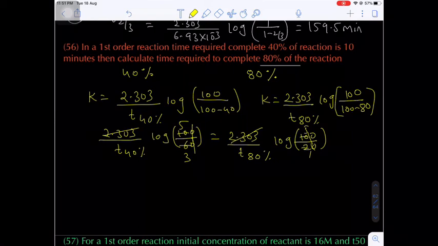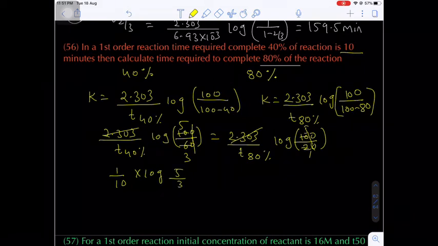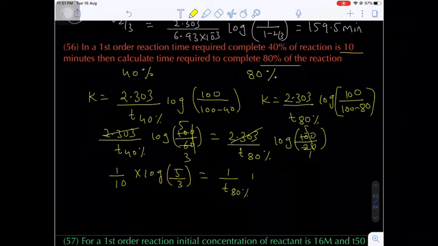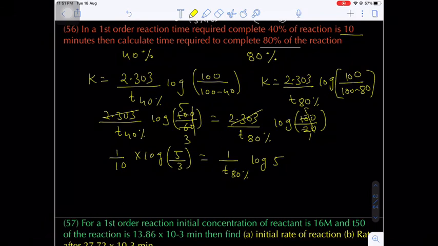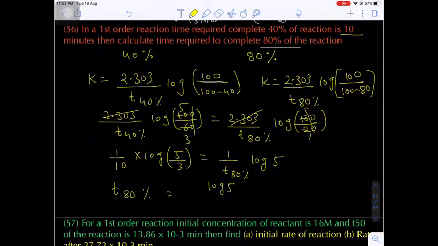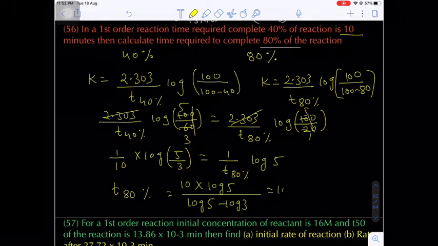Okay, so here what will be the T40? That is given as 10 minutes. So 1 by 10 minutes into log of 5 by 3 will be equal to 1 by T 80% into log of 5. We know log of A by B is log A minus log B. Now finally I have to find the T 80%, that is equal to log 5 into 10 divided by log of 5 by 3, that is log 5 minus log 3.